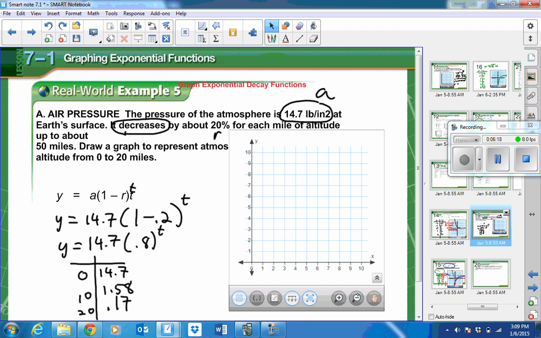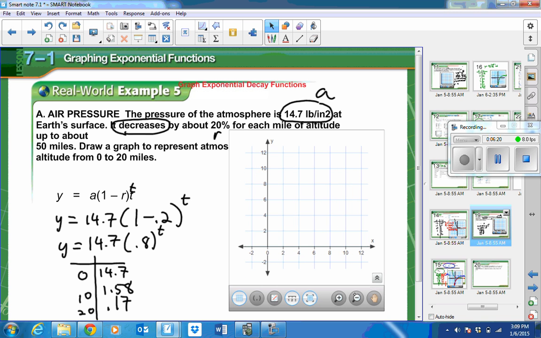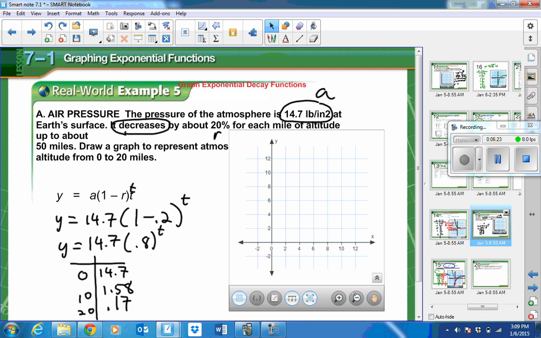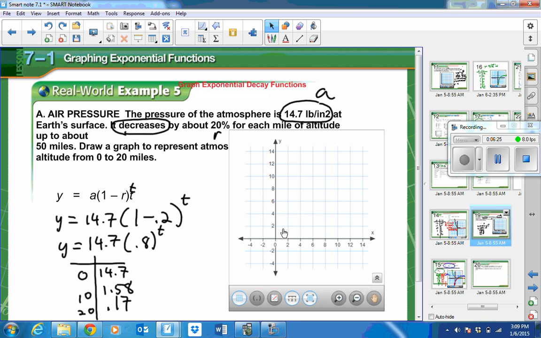So we have 0, 14.7, 10, 1.58, and then it's going to keep getting smaller from there. Pretend that looks like a good curve. So it would look like that. So that's what exponential growth and decay functions are going to look like. And that's it.